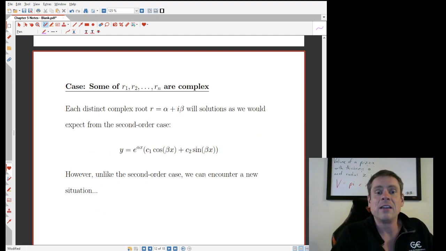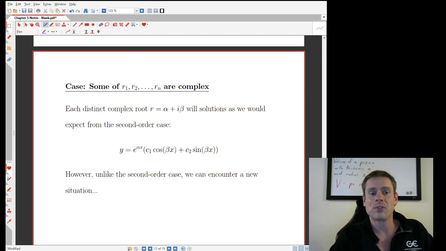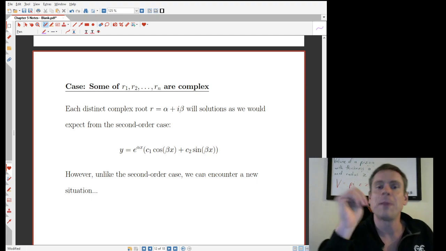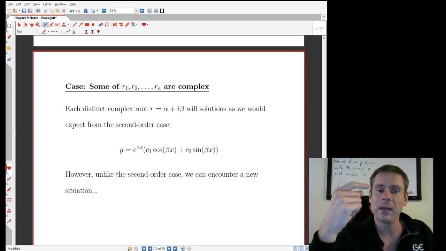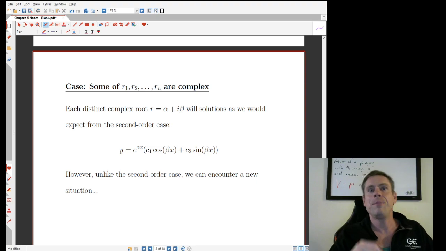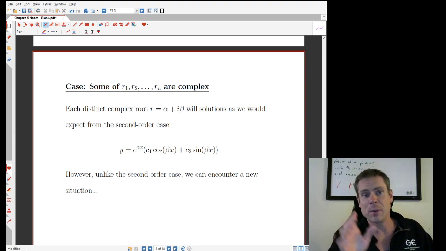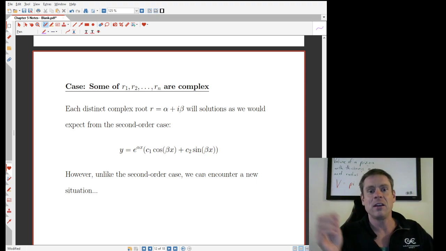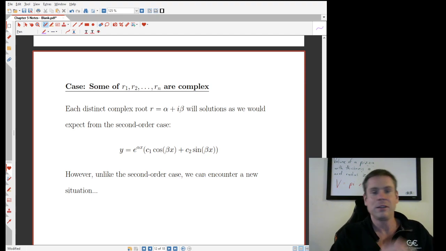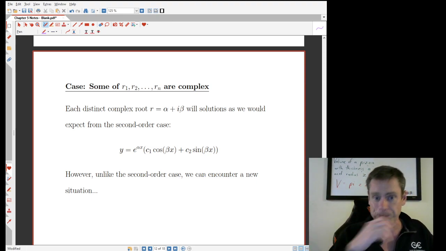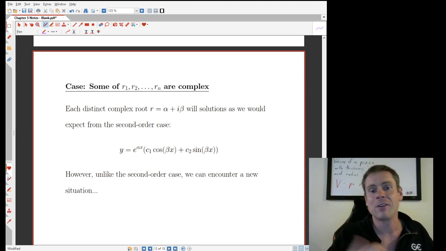Third case is the case that there are complex roots. So complex roots always come in pairs. If you think of the quadratic formula, you're going to be able to factor down any expression, no matter how high the degree is, into either linear factors or quadratic factors. And those quadratic factors you can't factor down anymore, that are irreducible, will give you a complex pair of solutions.